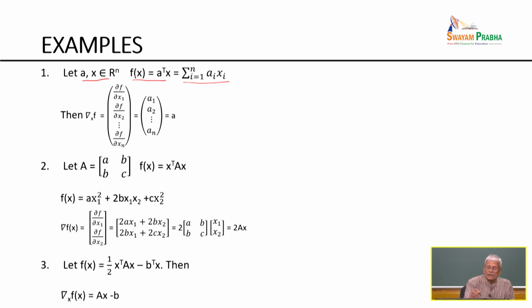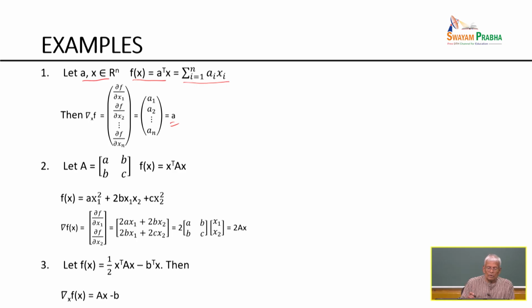If f of x is a transpose x, its gradient is a. It's like in differential calculus we learned d by dx of sine x is cosine x, d by dx of e to the power of x is e to the x. We have a table of derivatives. So this is the first entry in the table of gradients in multivariate calculus or multivariate analysis.